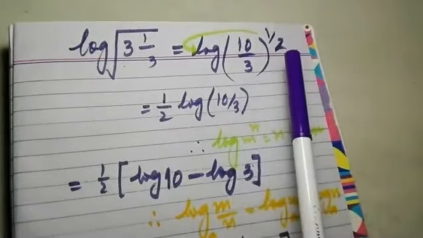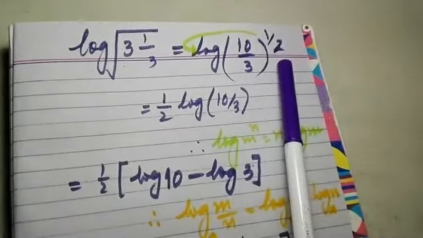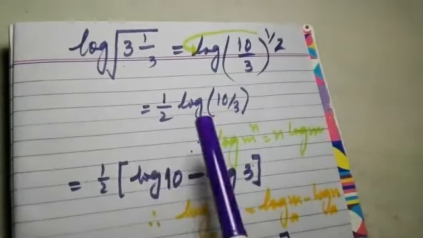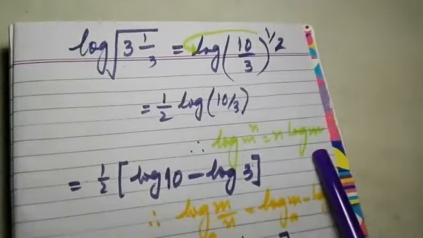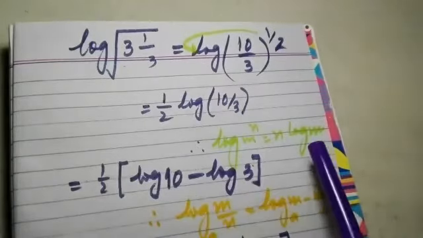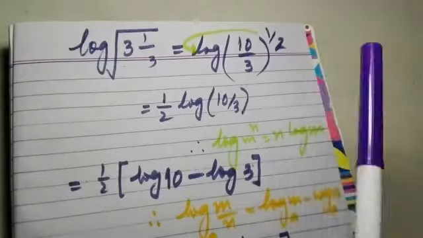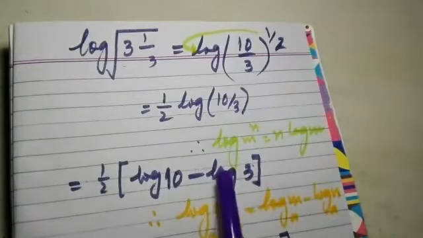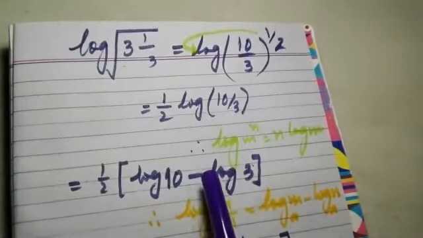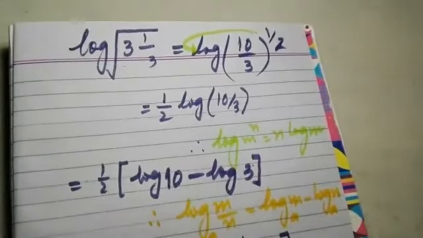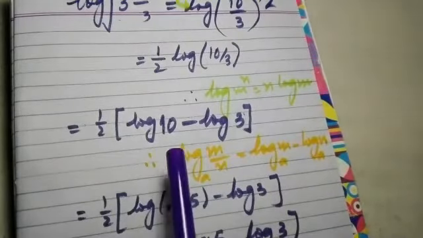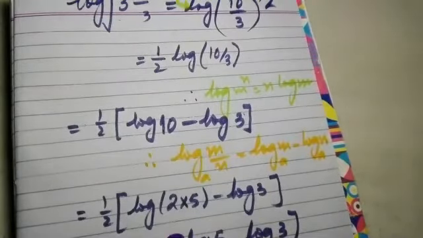The first task was to shift this half, which is the exponent, as a multiple of log. I did it with the third law of logarithm, that the exponent n becomes a multiple of log. In the next step, the fraction 10 by 3 is converted into a difference of two logarithms, log 10 minus log 3. And then 10 is converted into a multiple of 2 and 5.